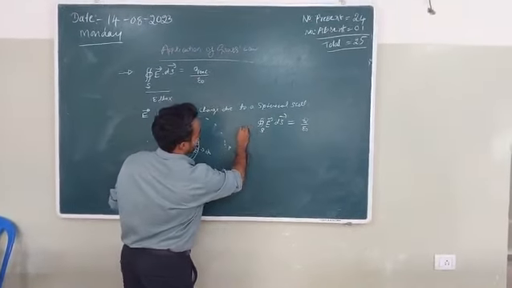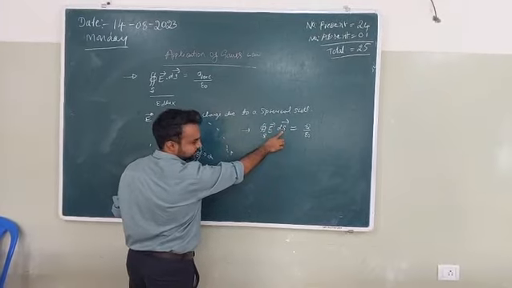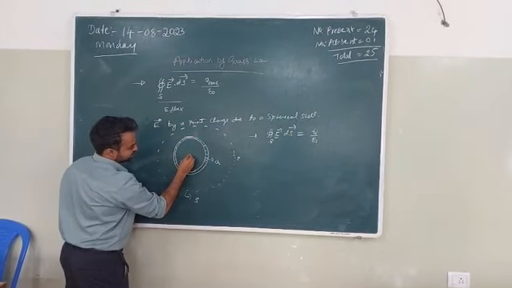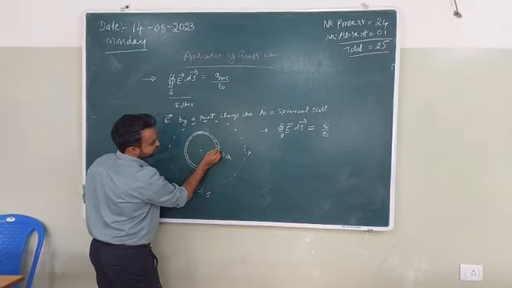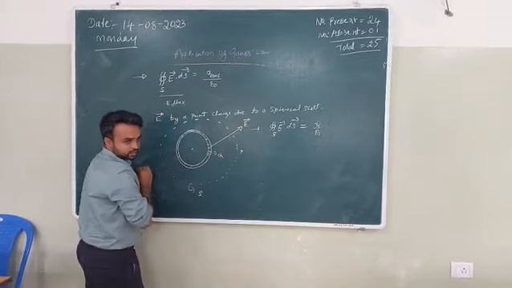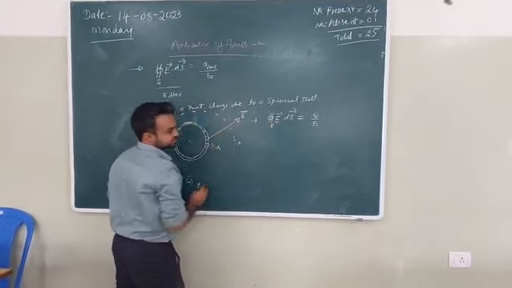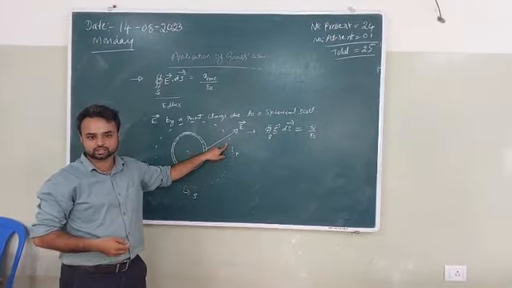Now you can see that electric field is a vector, and ds is a vector. There is a charge Q here. If I draw the electric field direction, it will be like this. Now what about ds? ds is nothing but the area vector, and the area vector will always be perpendicular to the surface.